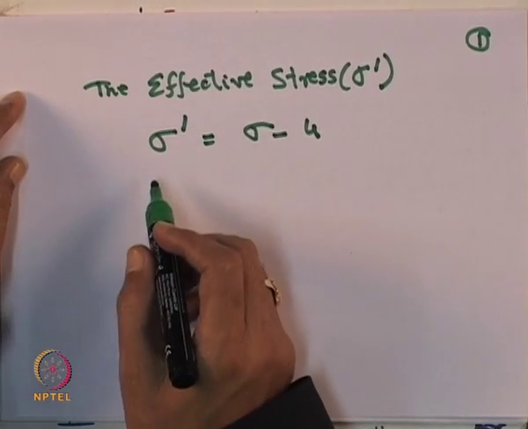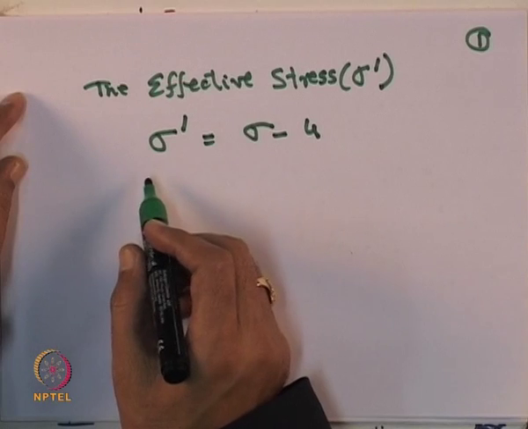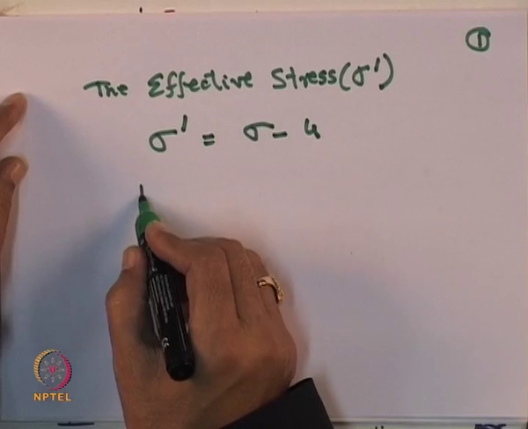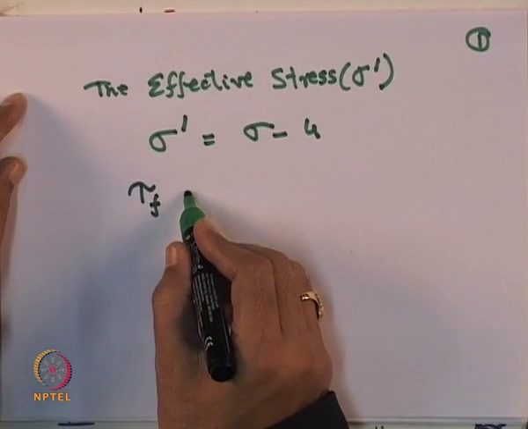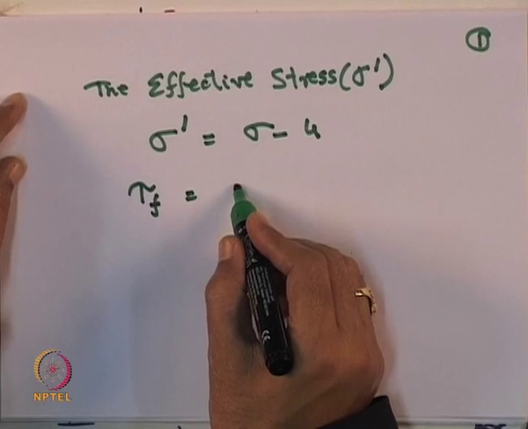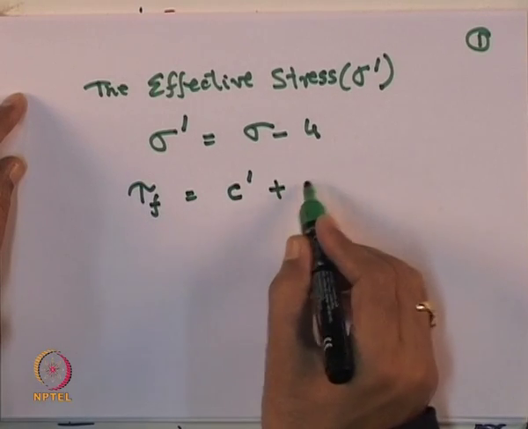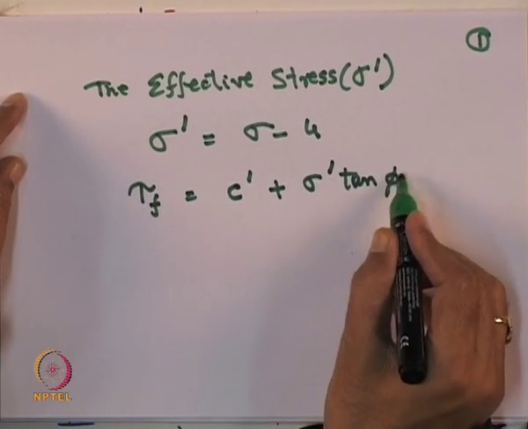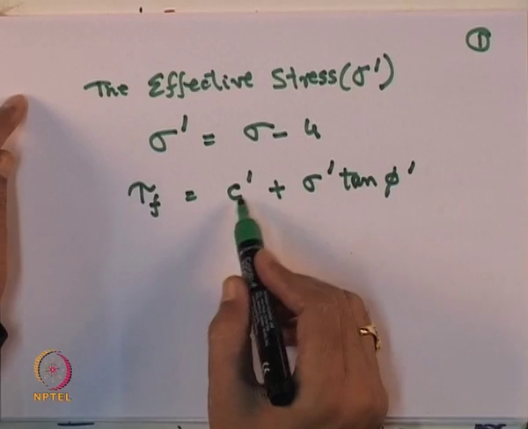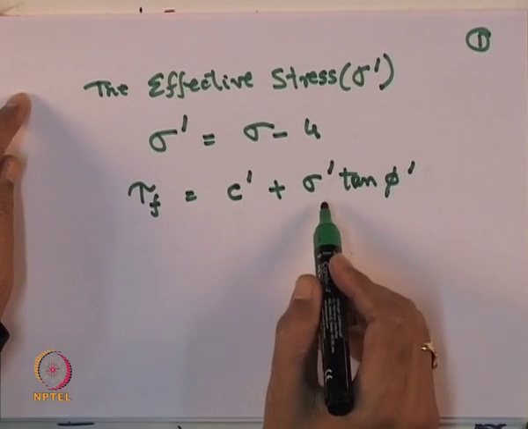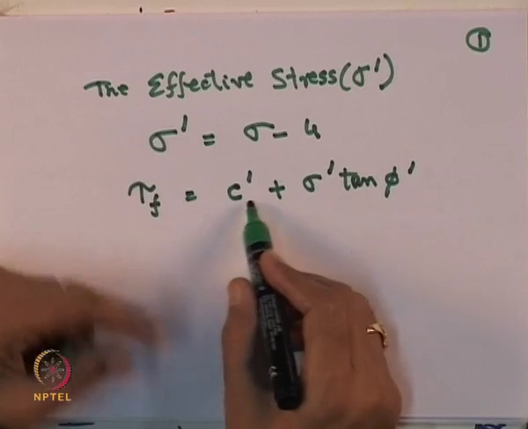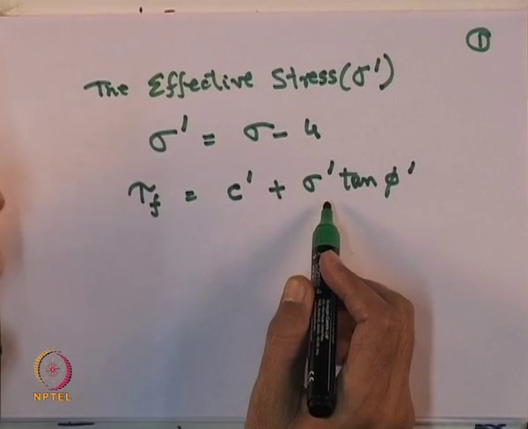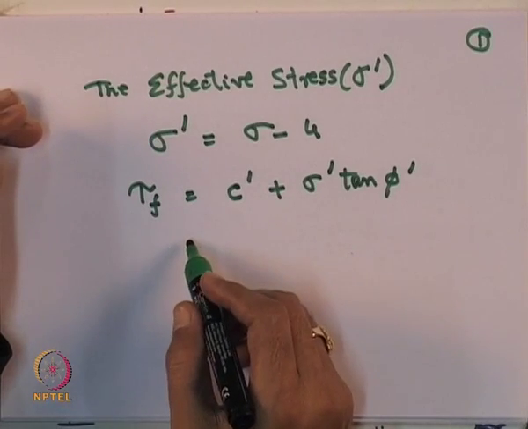Now, Coulomb gave the equation in terms of the effective stress. Coulomb's equation is tau F is equal to C dash plus sigma dash into tan phi dash, where C dash and phi dash are the effective stress parameters.